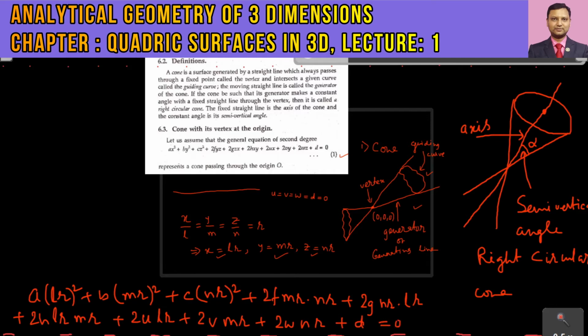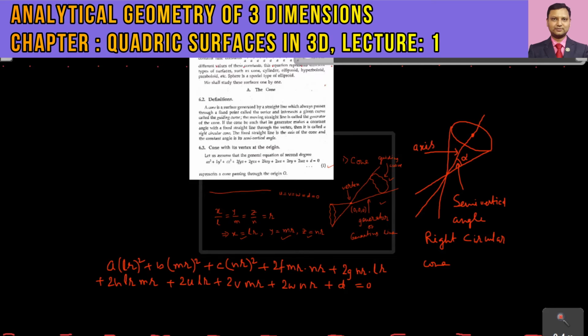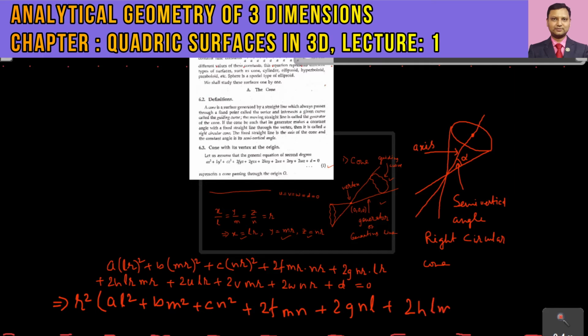Now if we further simplify this expression, we can take r square common, and in that case we shall have a l square plus b m square plus c n square, plus twice f m n plus twice g n l plus twice h l m.